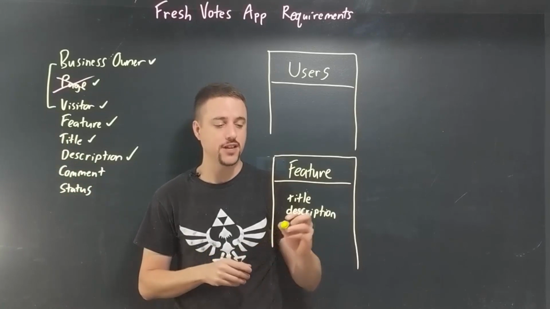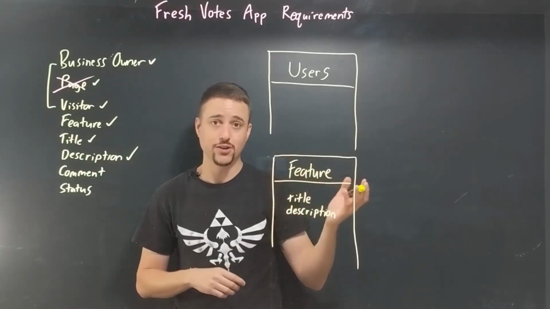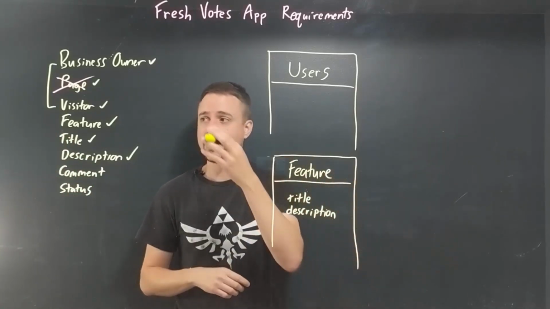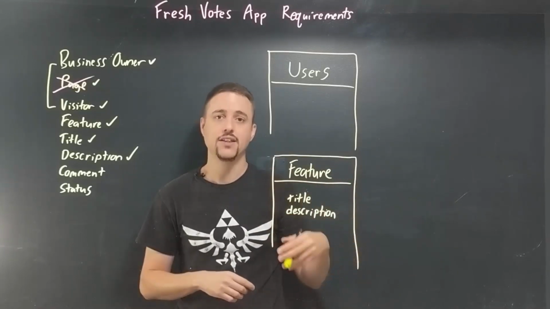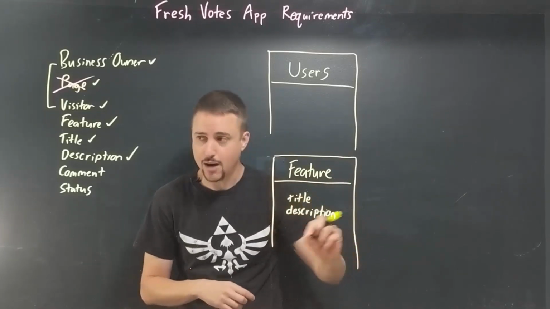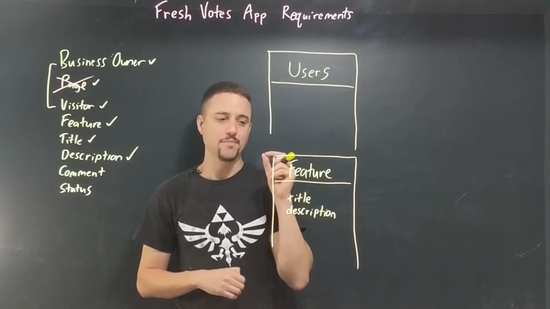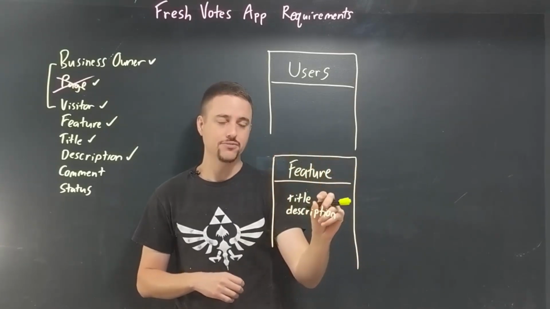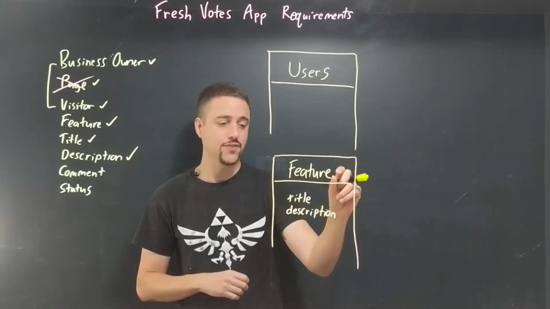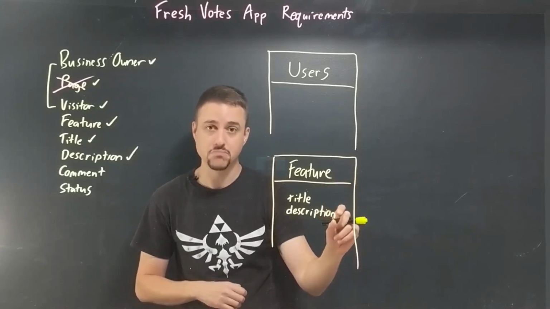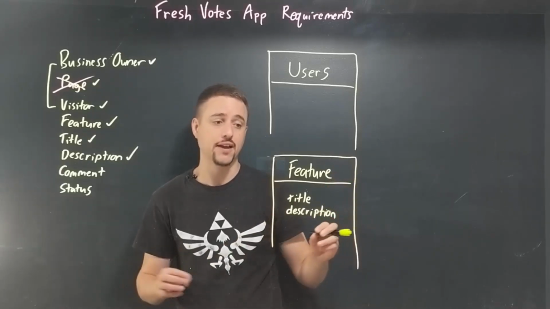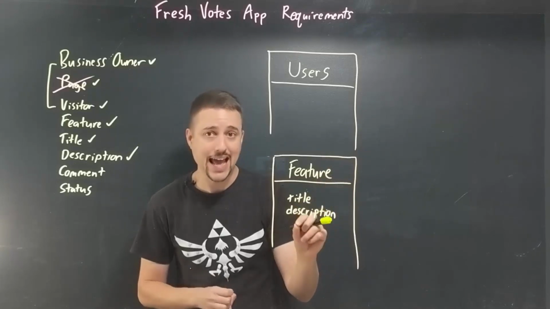So then you might be tempted to say, oh, well, then because Trevor said earlier, if a feature has a comment, then you can go ahead and write comment in here. But there's a trick in there because a feature should have a title and a feature should have a description. Yes, I completely agree with that. But a feature does not have a comment.